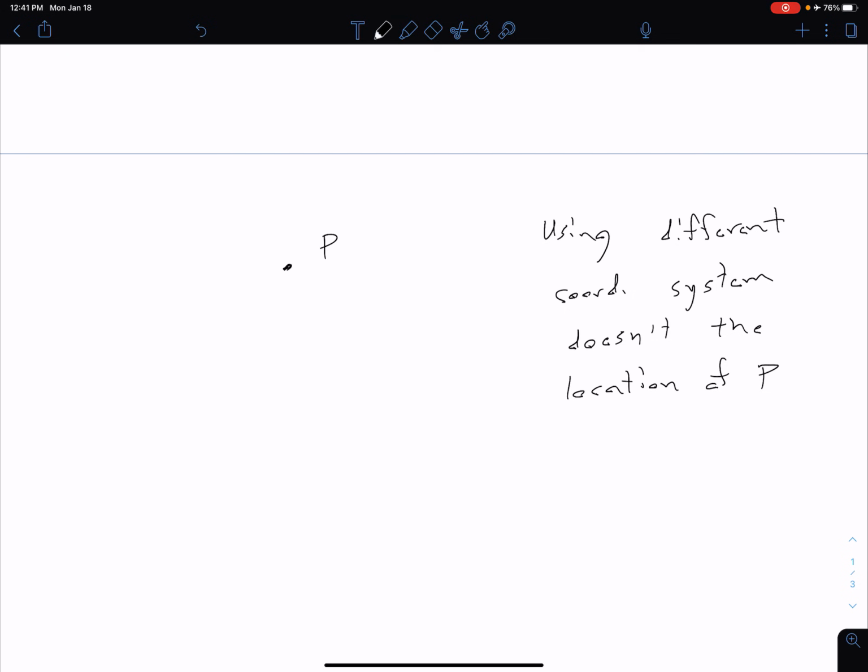Basically all we're doing is changing how we define that point. This is something we can talk about more easily once we've seen what our cylindrical and spherical coordinate systems are like. But the main thing to keep in mind is that we're not actually changing anything when we do these transformations between coordinate systems. We're describing the same thing in a different form. So it's a very important thing to keep in mind.